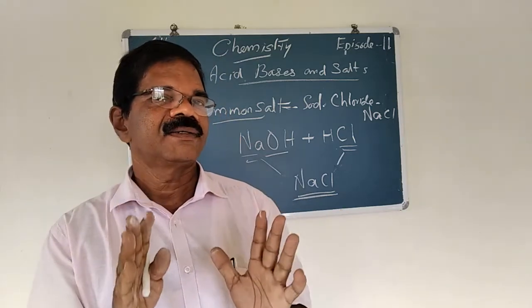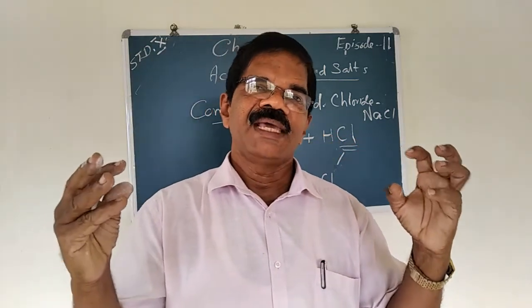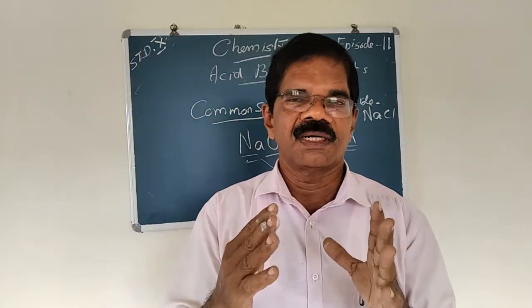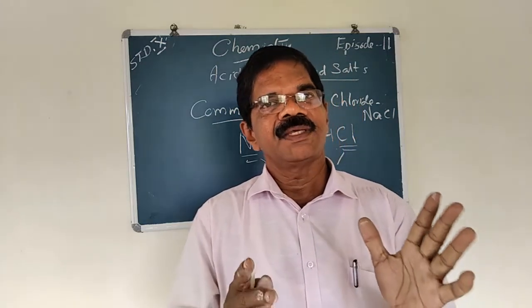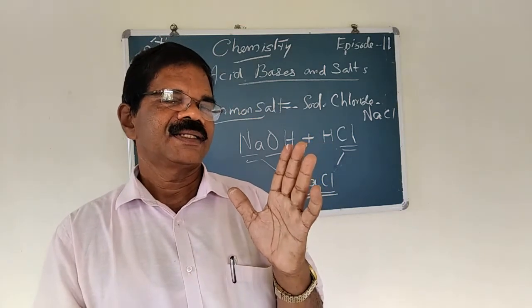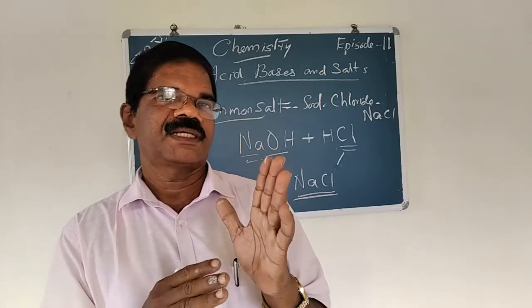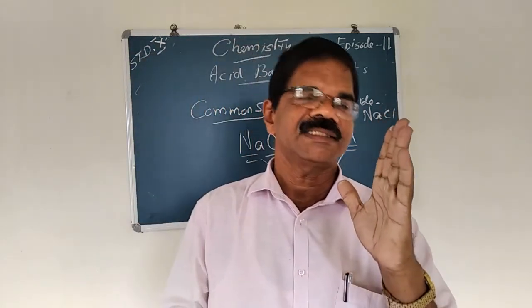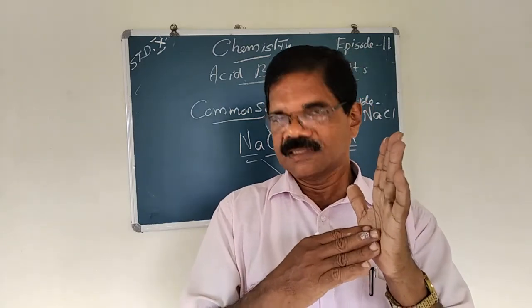What do you remember? If the acid and base are both equally strong, the salt formed is neutral. At the same time, if one of them is stronger than the other, the salt formed shows the character of the stronger part. If the acid is stronger and the base is weaker, the salt is slightly acidic.